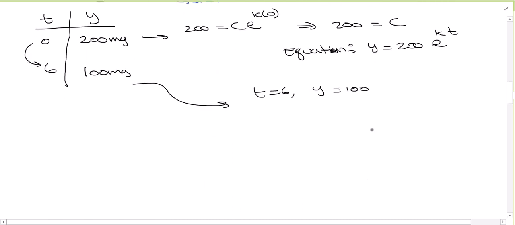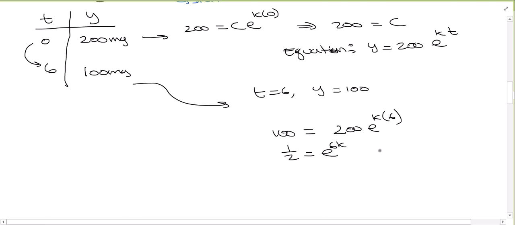And so my equation over here is y equals 200 e to the kt. So I'm going to have y, so 100, equals 200 e to the k times t, times 6, right, using this point. And divide both sides by 200, so I'll get 1/2 equals e to the 6k.